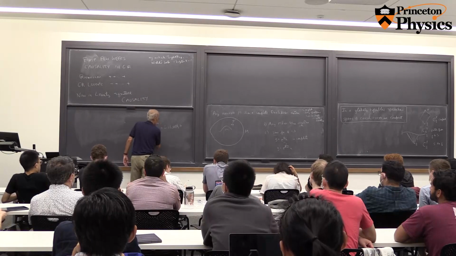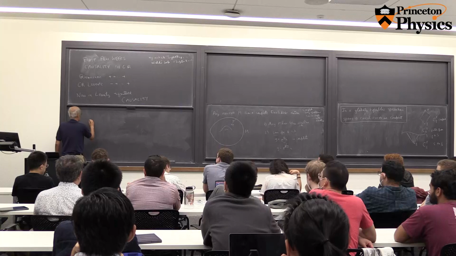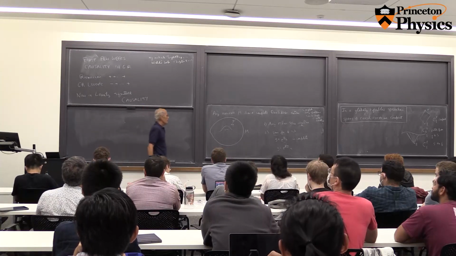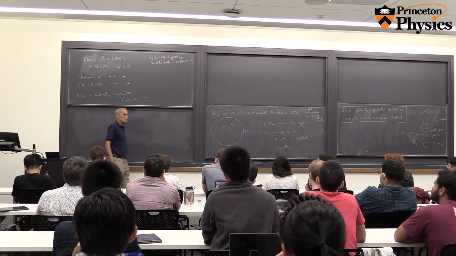So now there's a compactness statement for inextendable curves in any complete Riemannian metric.